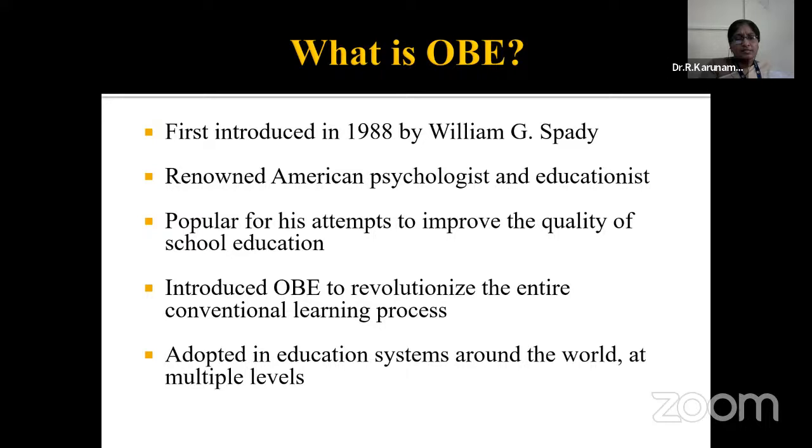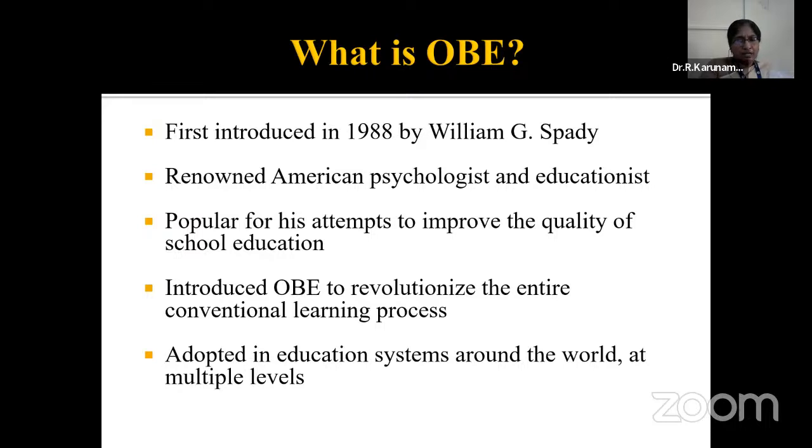And outcome-based education provided a way to achieve all these things which William G. Spady aimed for. He introduced it, as we discussed, to revolutionize the conventional learning process, and it reached the world.